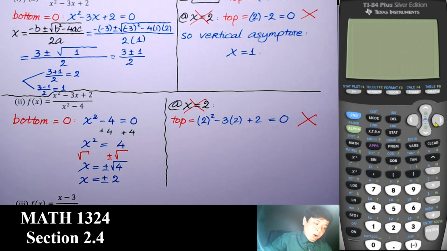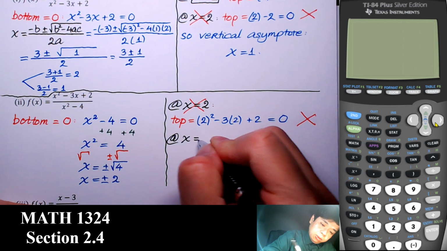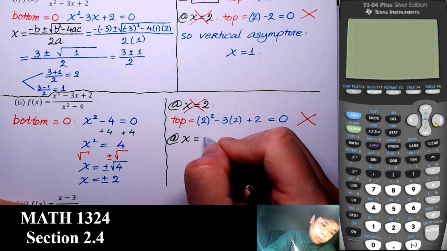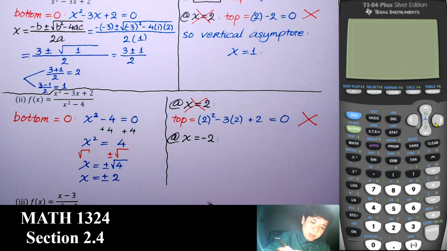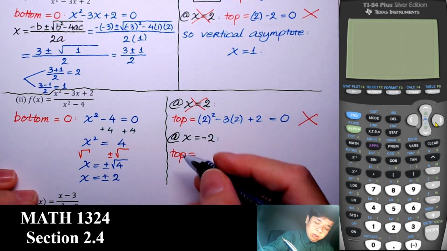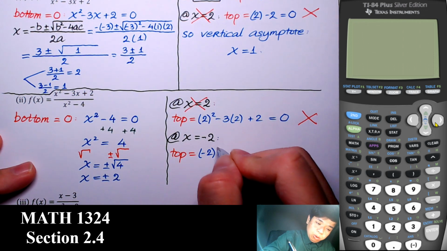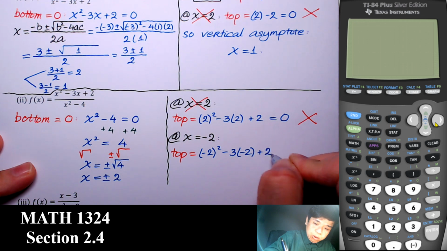Now we check for other values. Negative 2. The top will be equal to negative 2 squared minus 3 times negative 2 plus 2.